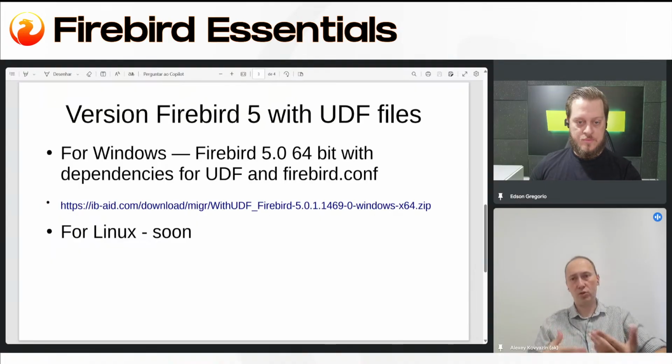There is no rocket science inside, no magic, just a proper combination of several parameters and UDFs. So you can download it and use it for your migration project, to speed up and resolve this small issue.